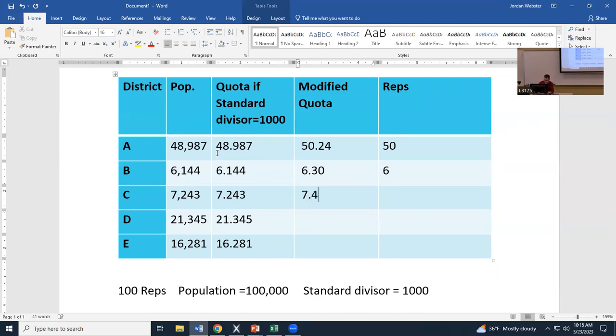For C, 7.42, so give 7 representatives to C. Give 21 representatives to D. And give 16 representatives to E.